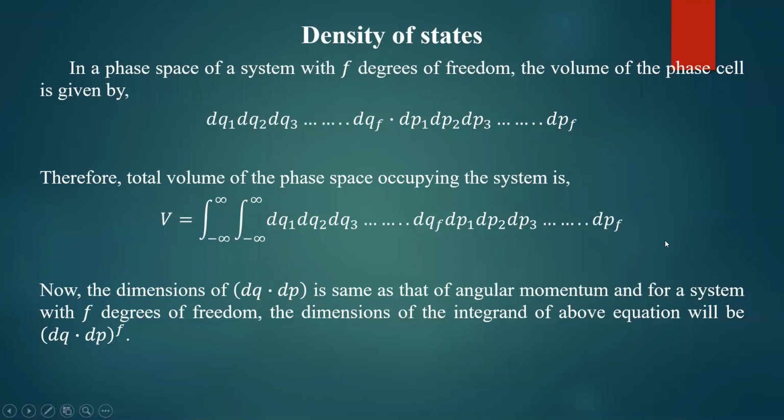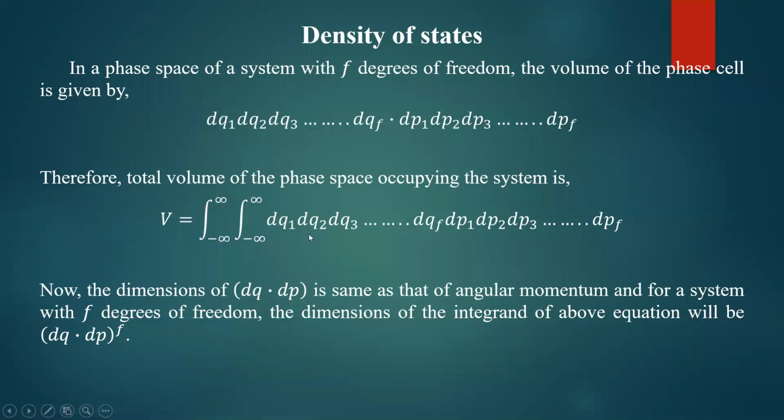If you take dq1 into dp1, dq2 into dp2, dq3 into dp3, and so on, you will get the total dimension of this equation. So you have to integrate dq into dp f times.